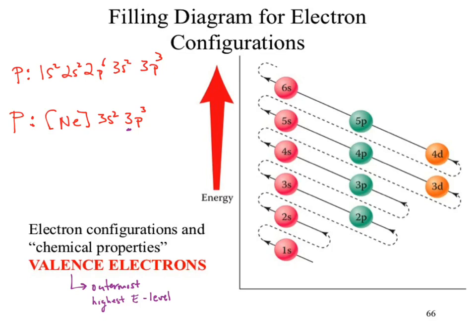So the highest energy level will be the 3s and 3p. If I use the shorthand notation, it stands out because those are going to be the highest energy ones. Everything before that is now too far inside. If I decide not to do that, I just have to remember highest energy level. Those will be the valence electrons. Those will become super, super important when we talk about bonding.